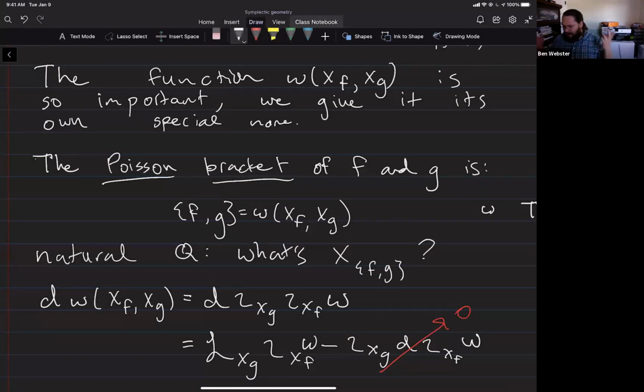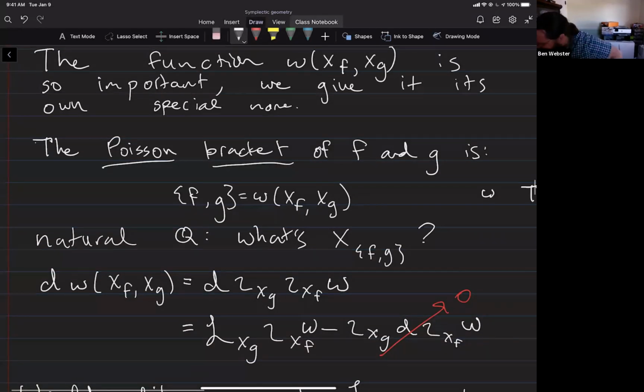So what is the Hamiltonian vector field of the Poisson bracket of f and g? Part of the reason it needs a little motivation is we're going to have a new formula, which I'll try to explain.